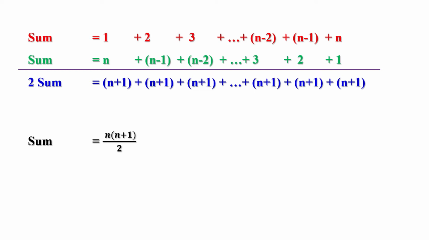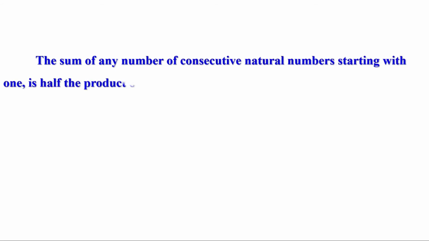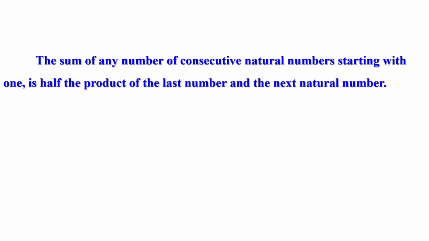That is, sum of first n natural numbers is n into n plus 1 by 2. Or we can say the sum of any number of consecutive natural numbers starting with 1 is half the product of the last number and the next natural number.